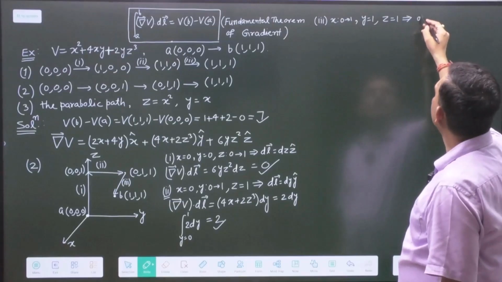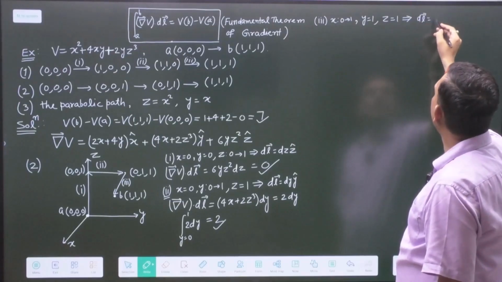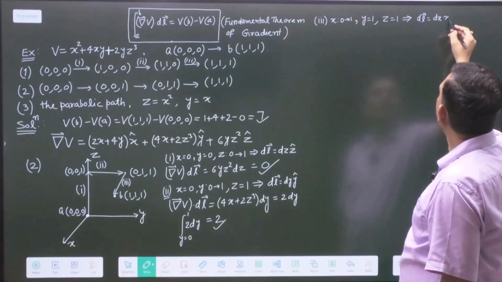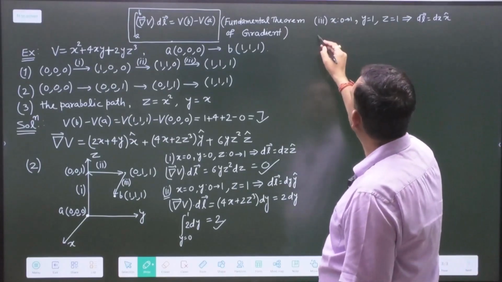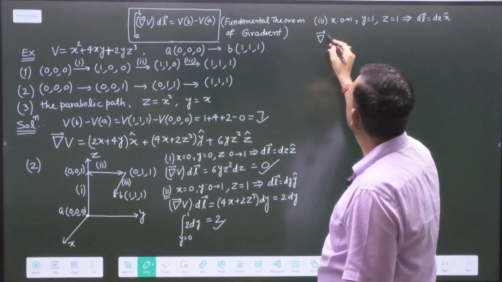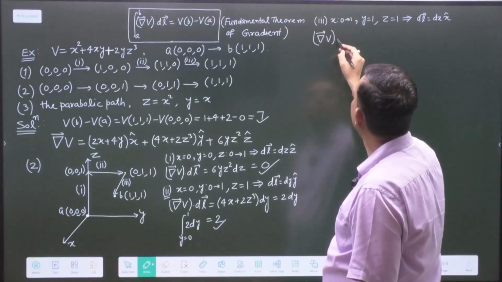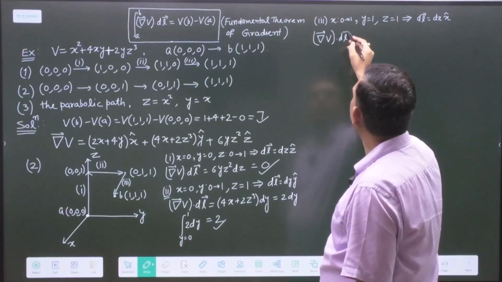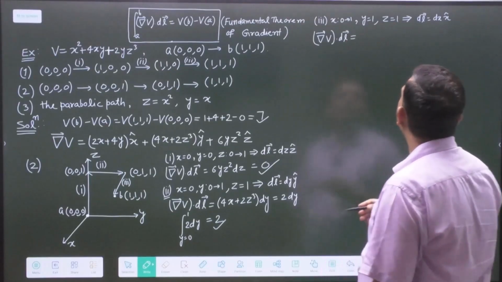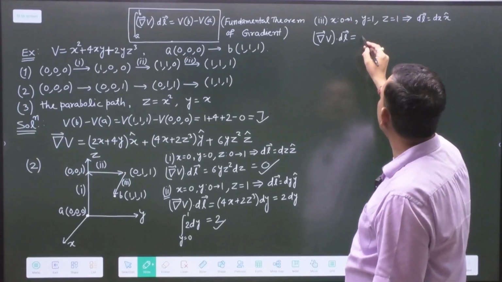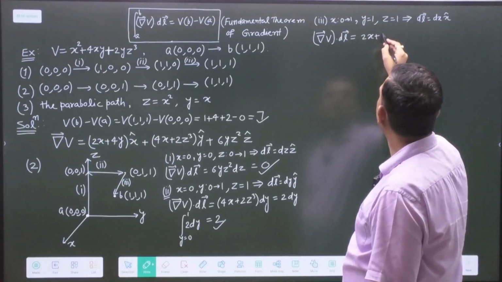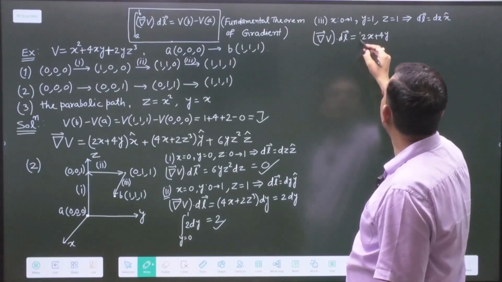So dl is dx x cap, because dy and dz are 0. So gradient v dot dl will be given by 2x plus 4y dx.